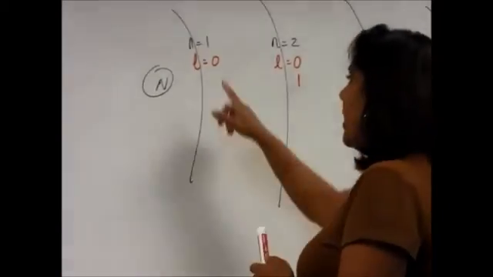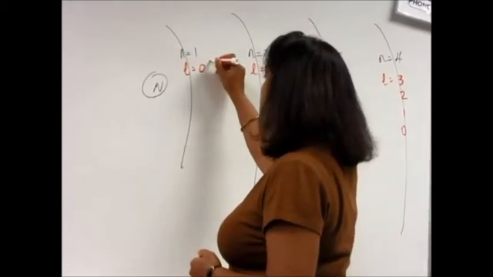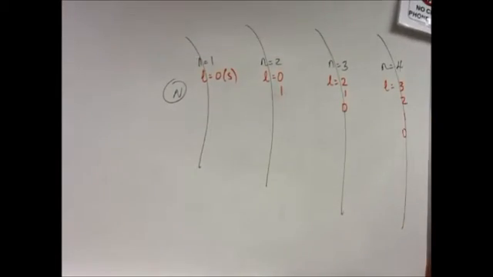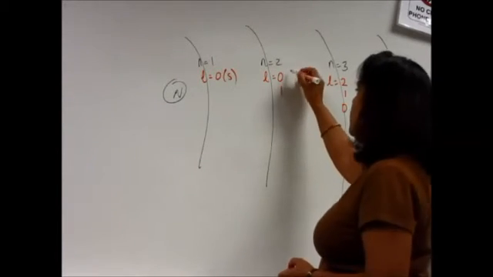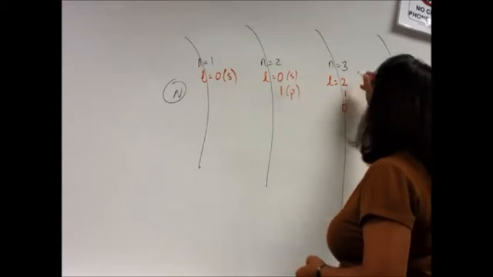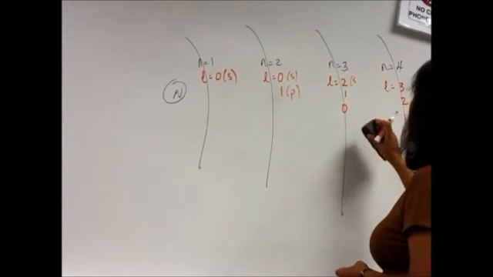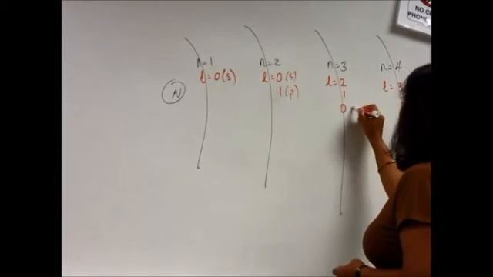So what we're saying then is that when n is equal to 1, L is equal to 0, which means I'm talking about when L is S, okay? And here it is S and P. Here it is, I'm going backward here. What did I do? Okay, no big deal.